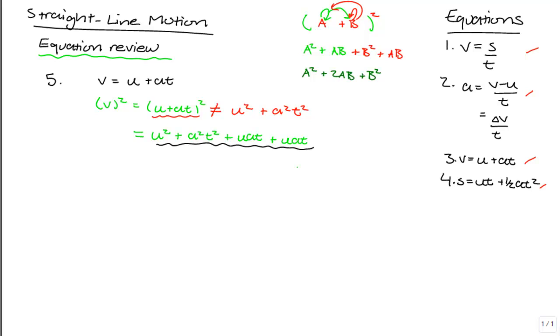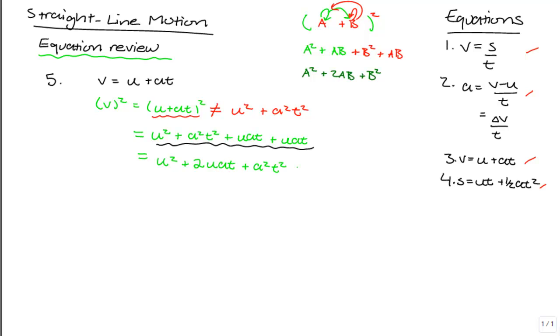So back to equation 5, we get u squared plus 2uat plus a squared t squared. Right?